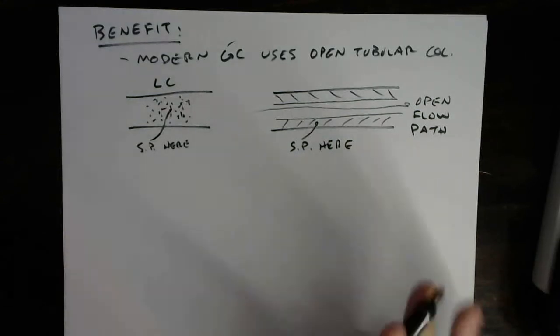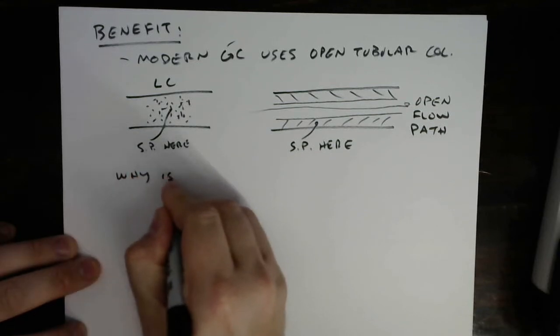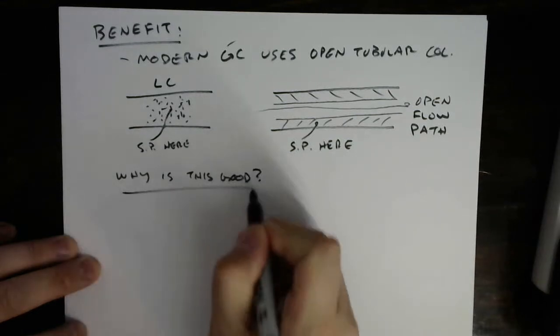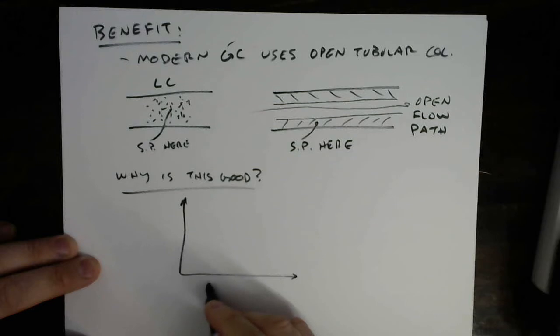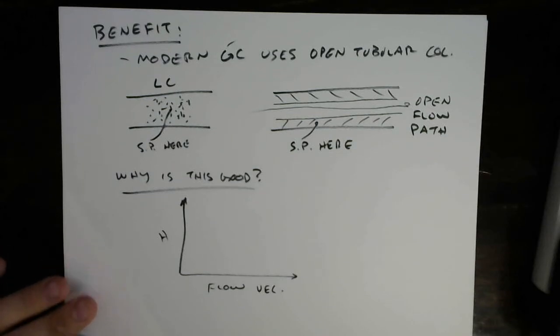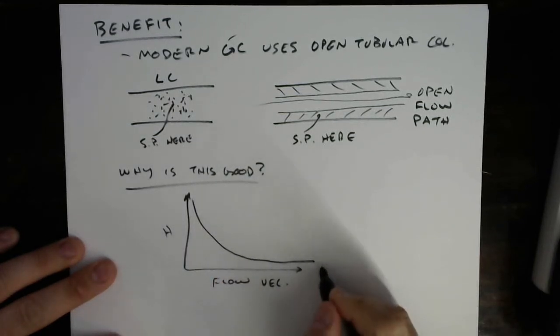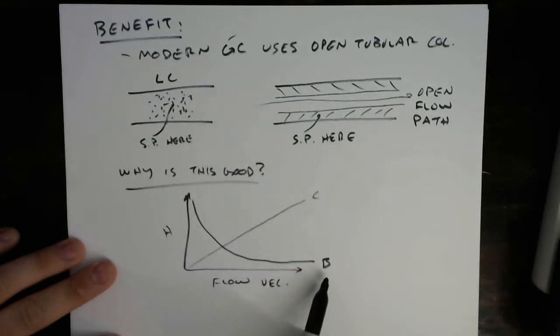So let's talk about why this is a good thing. It comes down to Van Deemter. Here's our flow velocity. Here's our height equivalent to a theoretical plate. We want to be as low as possible here. Lower is better, and we've talked about three contributors. That's the B term. That's the C term. So this is longitudinal diffusion.